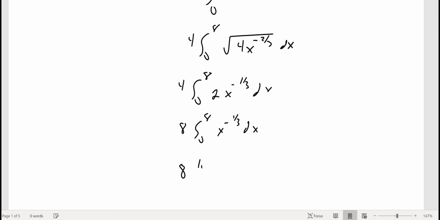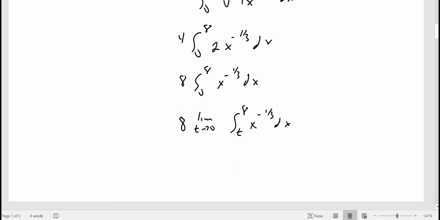So this is really going to be the limit as t approaches 0 of the integral from t to 8 of x to the negative 1/3 dx. And as t approaches 0, we'll add 1, that's going to be 2/3, divide by that, so that's 3/2, evaluate that from t to 8.